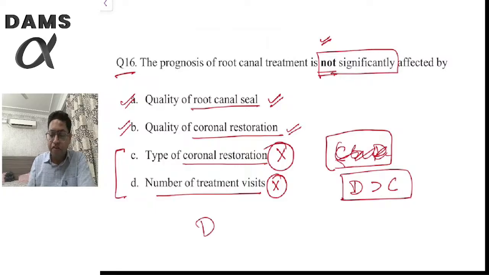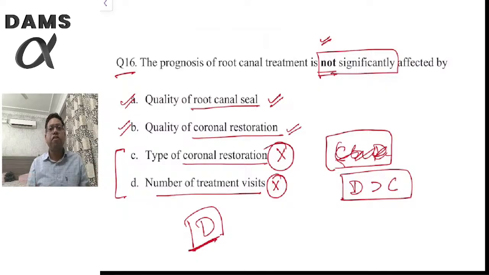So, answer to this question, we would prefer D, that number of treatment visits is less significant as compared to the type of coronal restoration. Definitely, if we make a strict comparison between different restorative materials, then owing to their properties like solubility and strength, some restorative material would better seal the root canal for longer duration as compared to other materials.